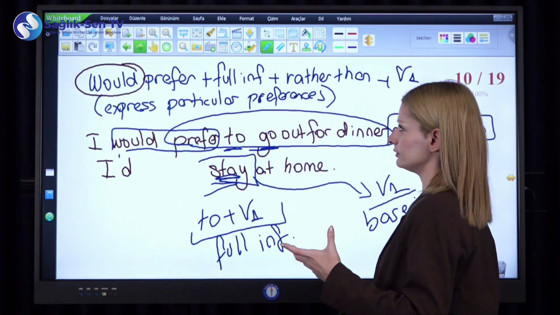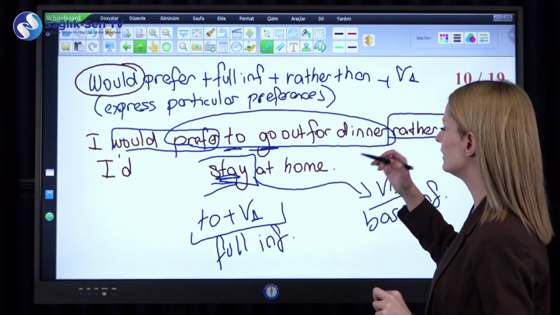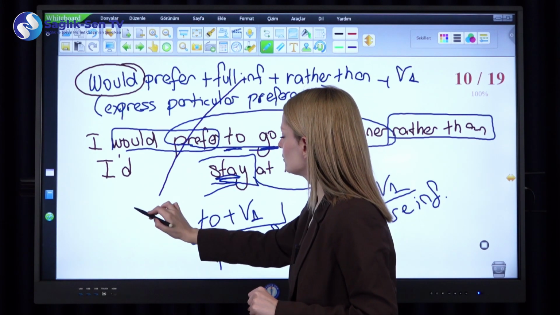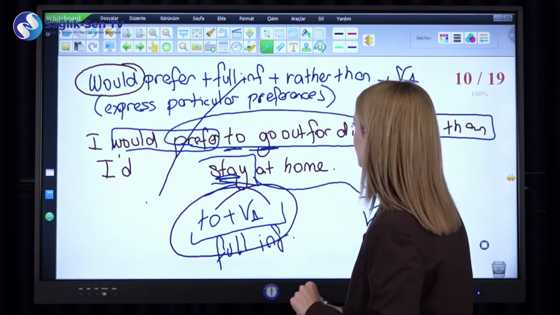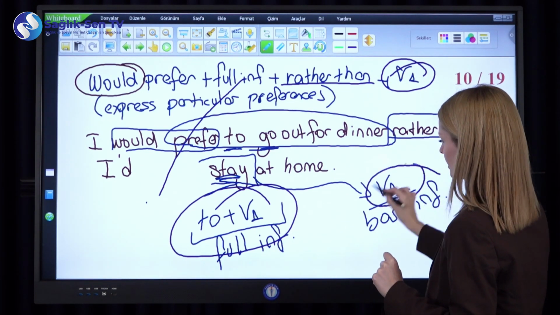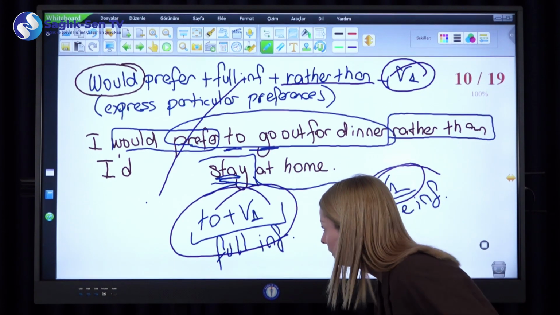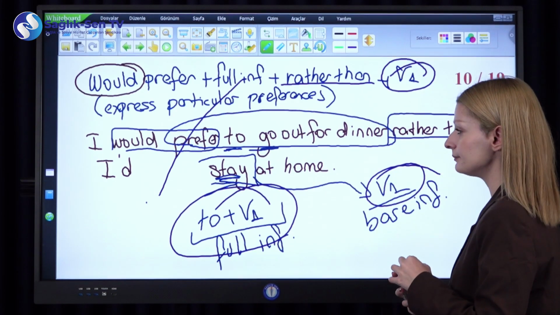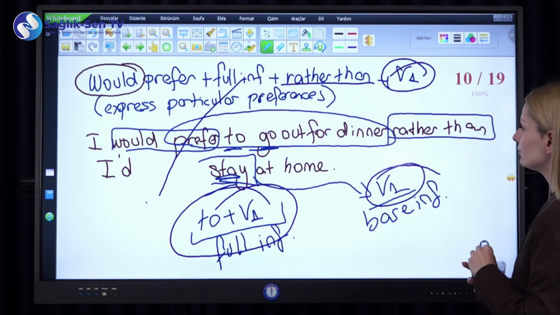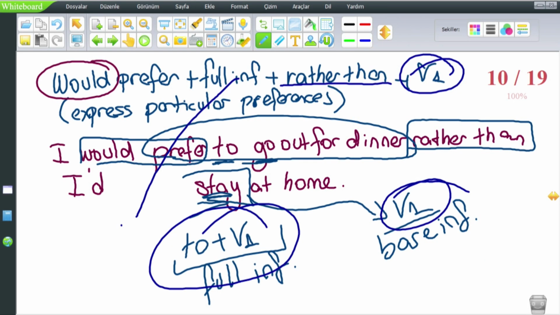And the other use is would prefer. After would prefer, we put full infinitive, which is to verb 1, rather than and bare infinitive, which is only verb 1. And we are expressing particular preferences in this one. I would prefer to go out for dinner rather than stay at home. It doesn't have to be my always go-to choice.